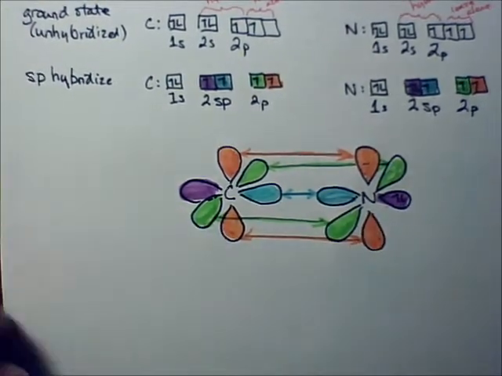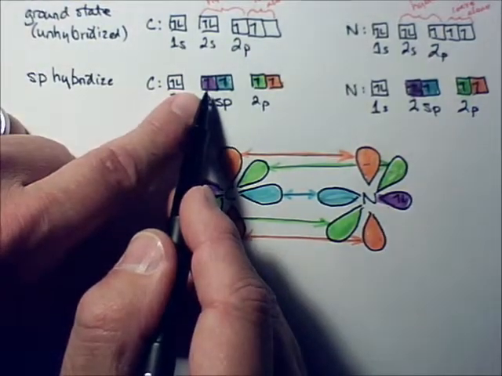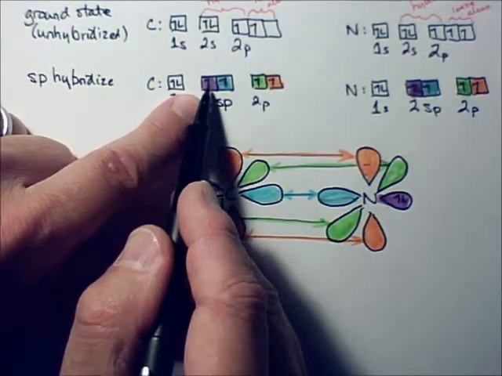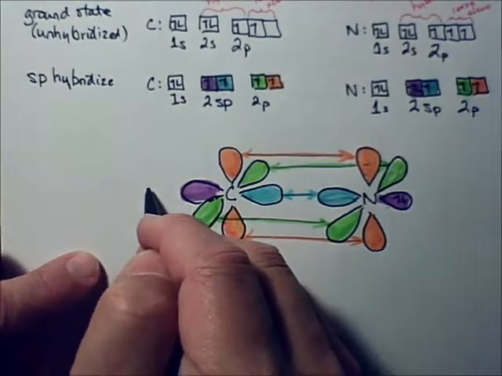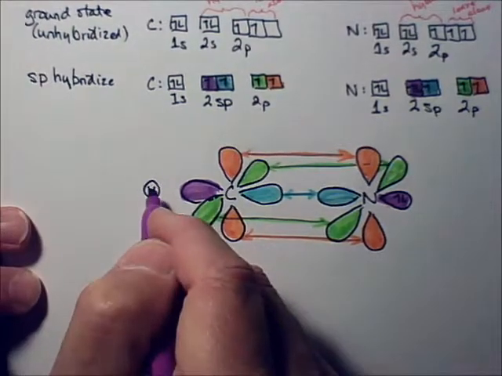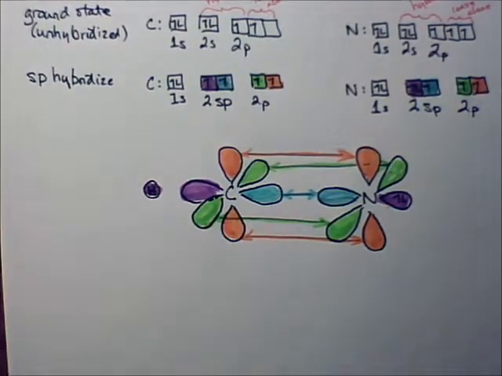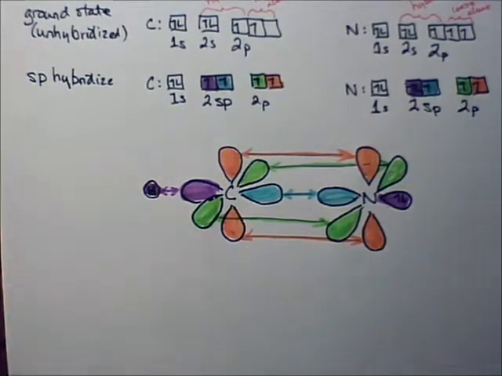It's full. We're going to leave it alone. Okay? But this hybridized orbital on the carbon would like to share an electron with somebody so it can be full. So let's give it a hydrogen to share with, okay?